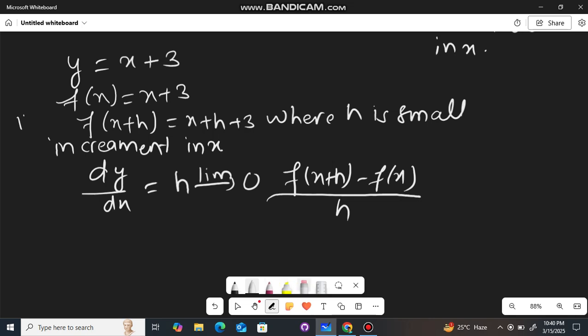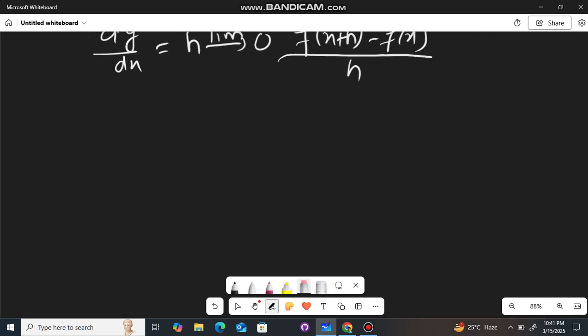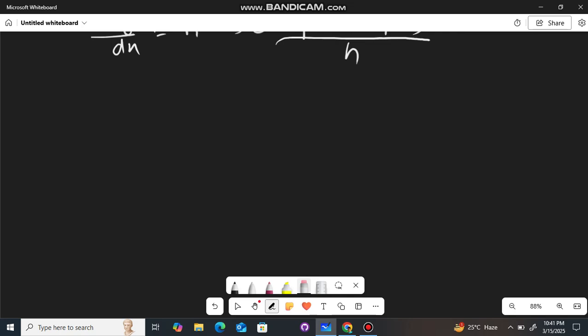Okay, after this, as we are trying to solve for x plus 3, it will be h tends to 0.